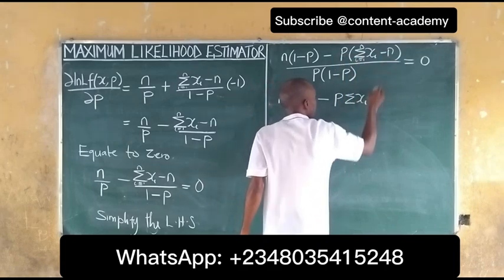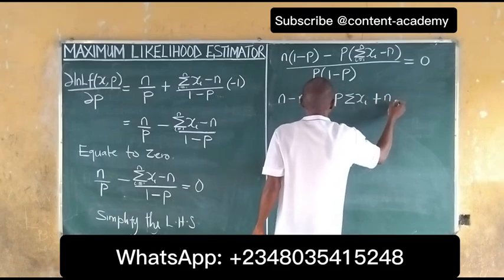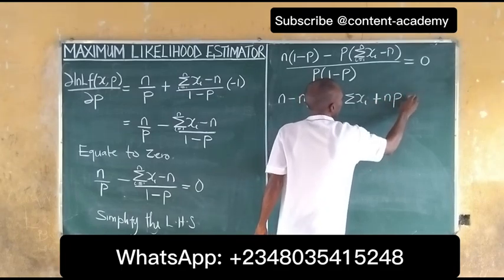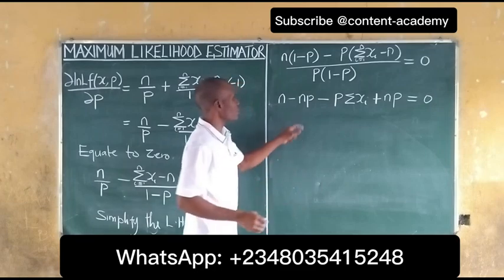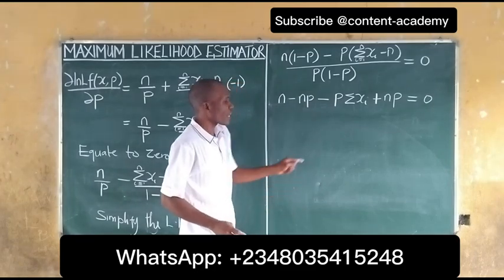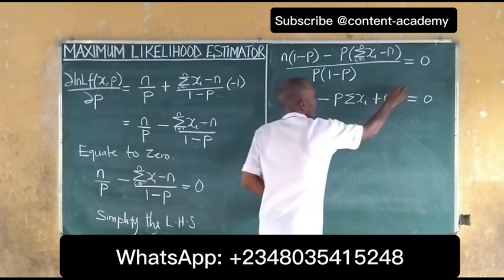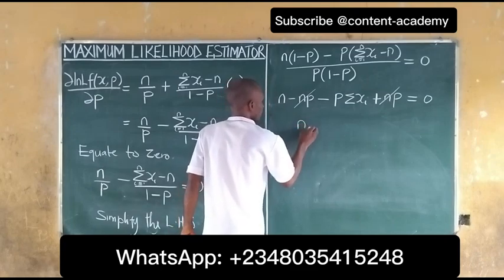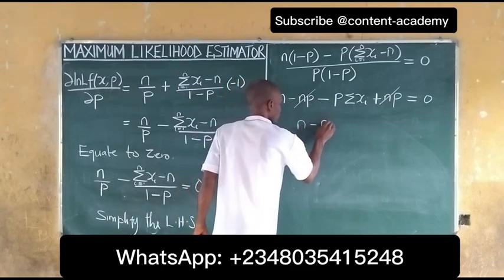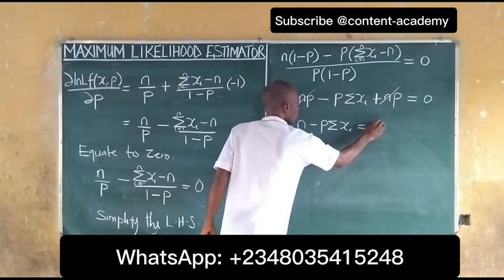Negative p multiplied by negative n, you have positive np, to be equal to 0. Of course, this is multiplying this to give us 0. So this is what we have. And if we watch out from here, we see that the whole of this can cancel the whole of this. So we are left with n minus p summation of x to be equal to 0.